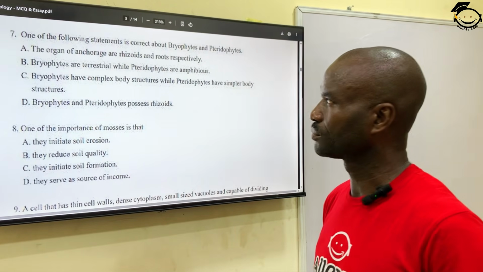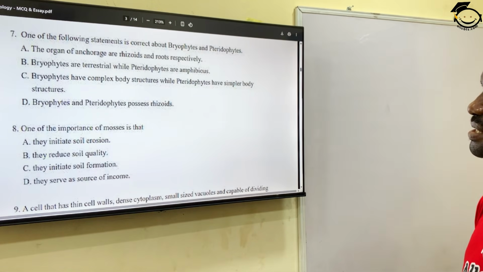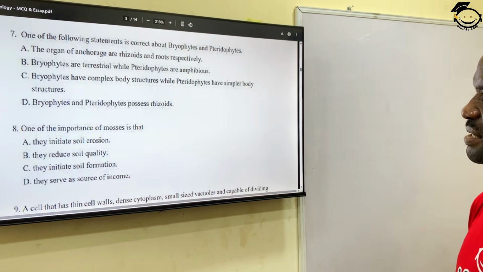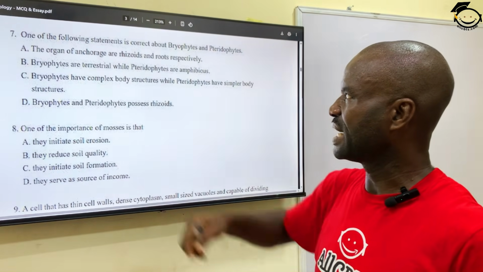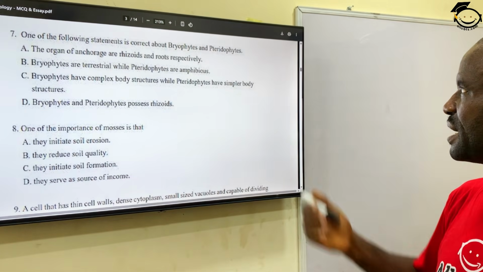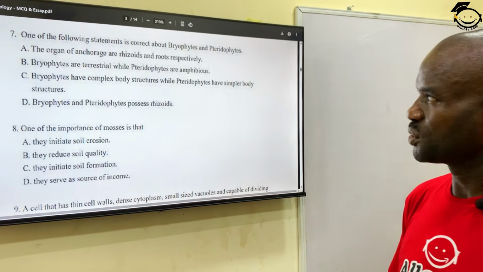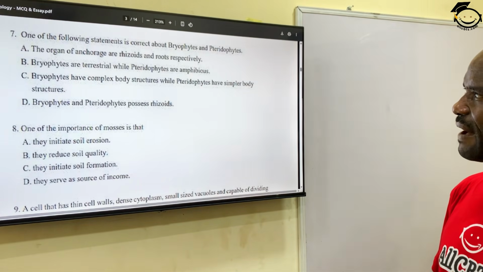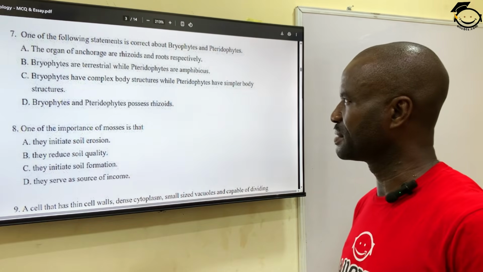Question 7. One of the following statements is correct about bryophytes and pteridophytes. A. The organs of anchorage are rhizoid and root respectively, while pteridophytes are rooted. B. Bryophytes are terrestrial, while pteridophytes are amphibious.